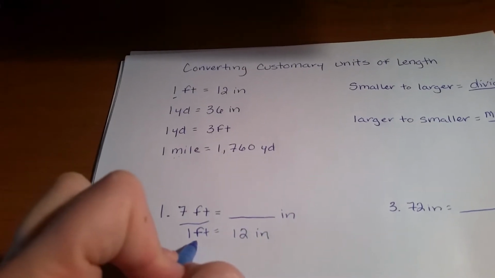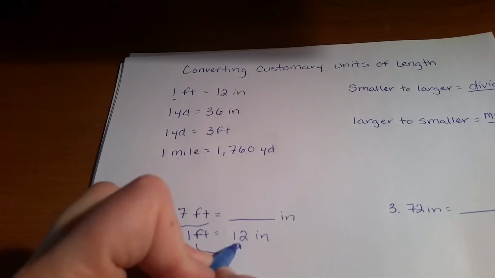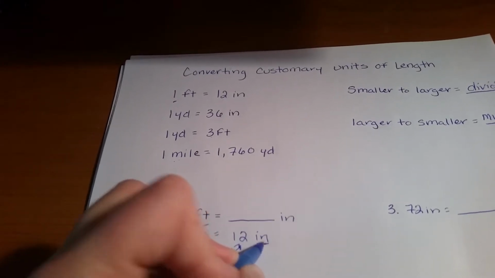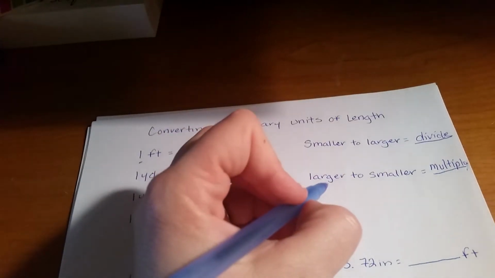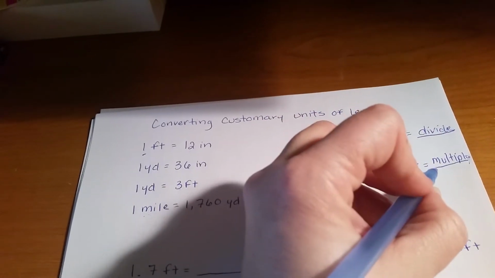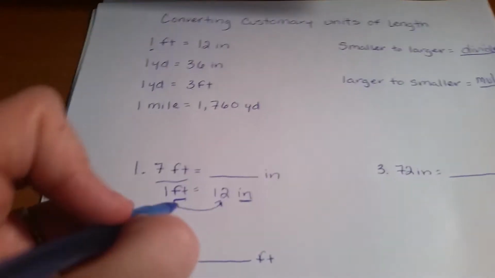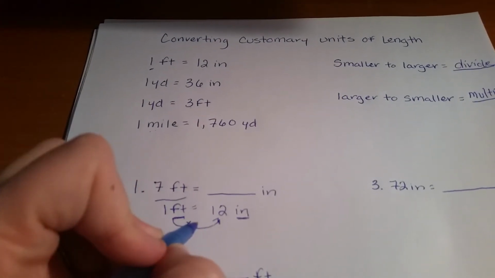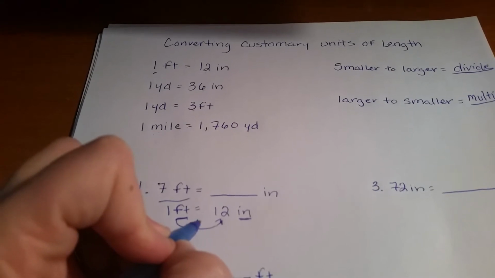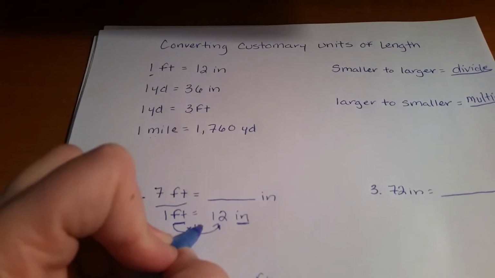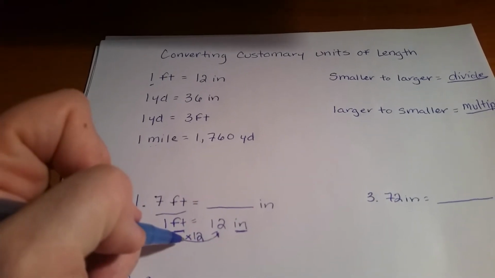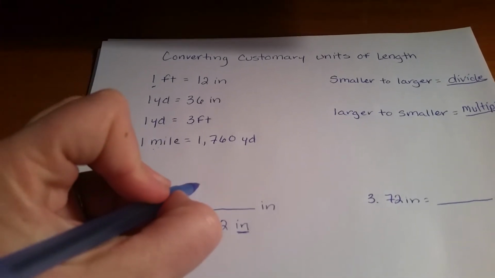So what am I doing here? I'm going from a larger unit, which is my feet, to a smaller unit, which is my inches. So if I'm going from larger to smaller, what am I doing? I'm multiplying. Well, what am I multiplying by? 1 times what gives me 12? Well, 1 times anything gives you itself, right? So that would be 12. So if I do that to the bottom, I have to do the same thing to the top.